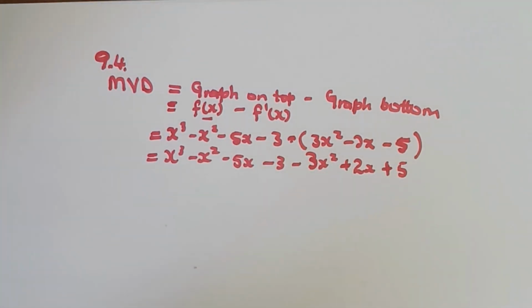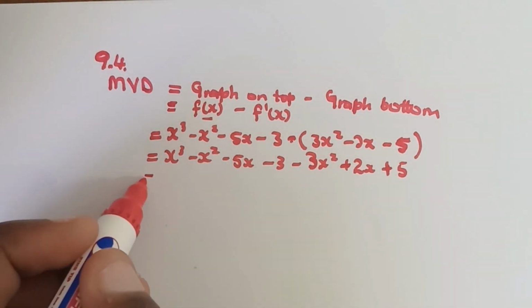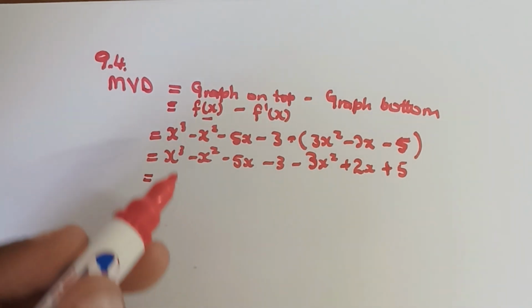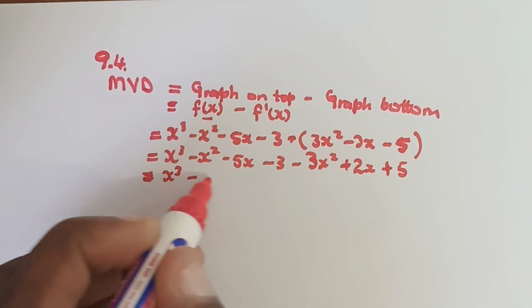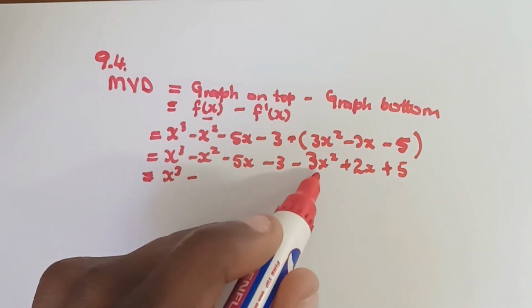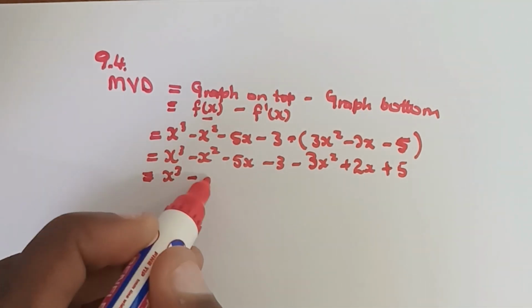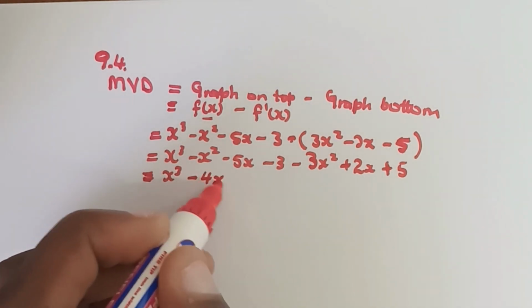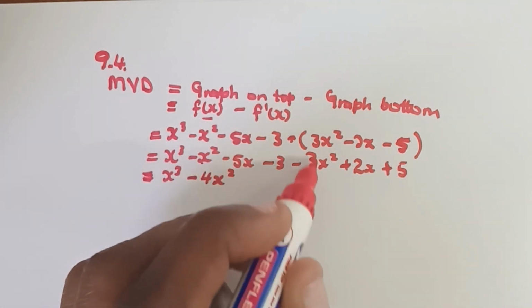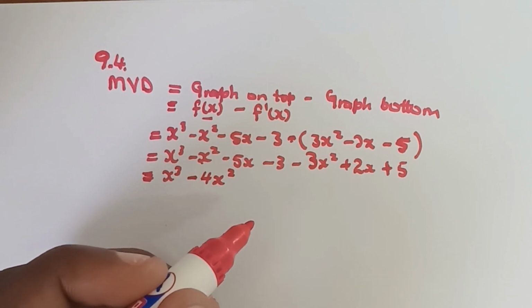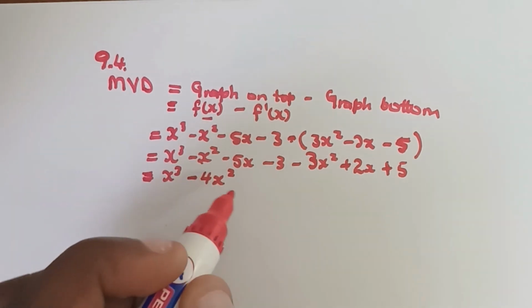And then let's add up the like terms. We have x cubed, then negative x squared minus 3x squared gives us negative 4x squared.